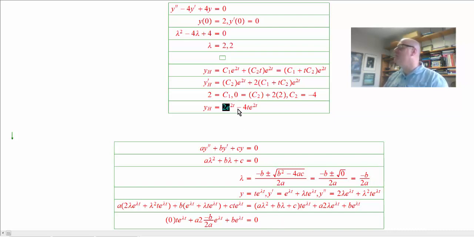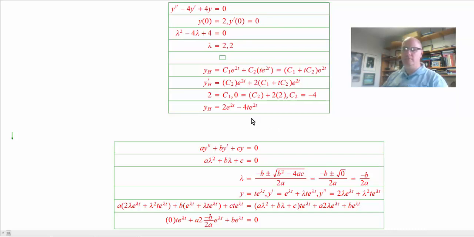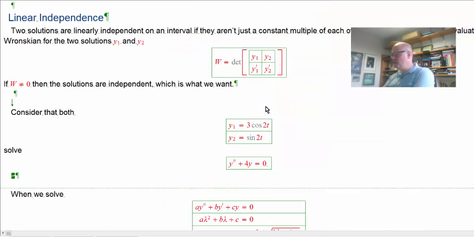So I can take some constant times the first solution plus some constant times the second solution, and that second solution is t e to the 2t. So this is a solution and it satisfies the differential equation.